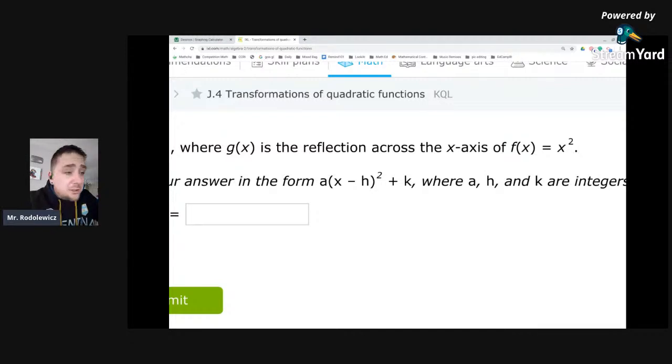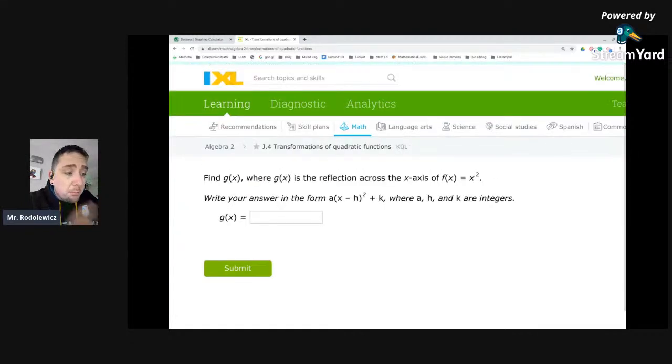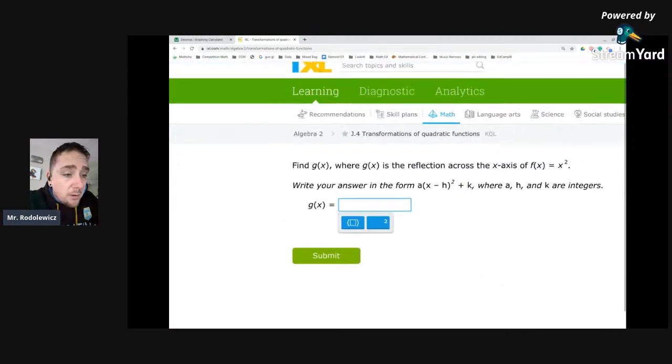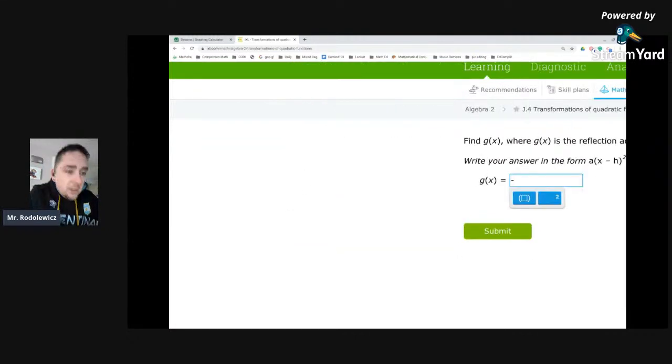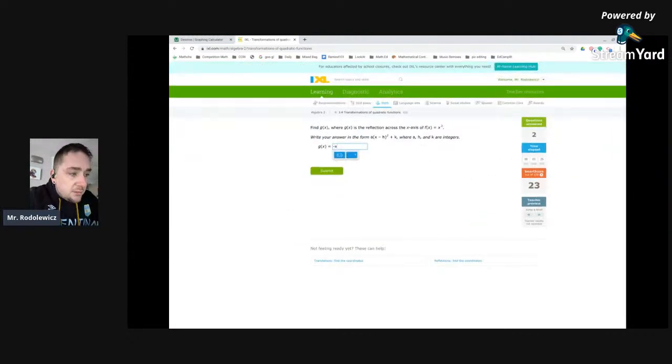So when you have to reflect across the x-axis, multiply by a -1. So we're just going to write negative x squared, right? I didn't put the 1 because 1 can be invisible, but I did put the negative sign so you can see it. Yeah, I'm glad that came up.